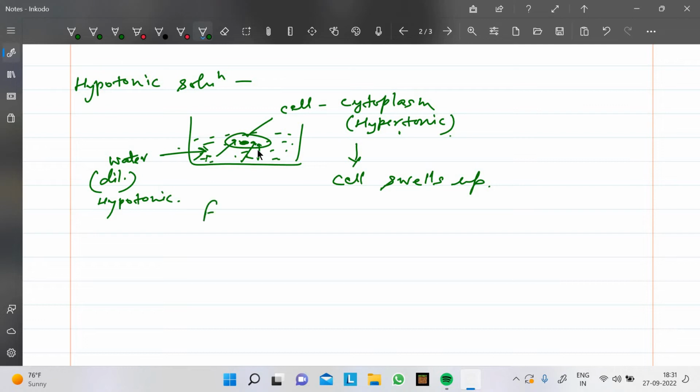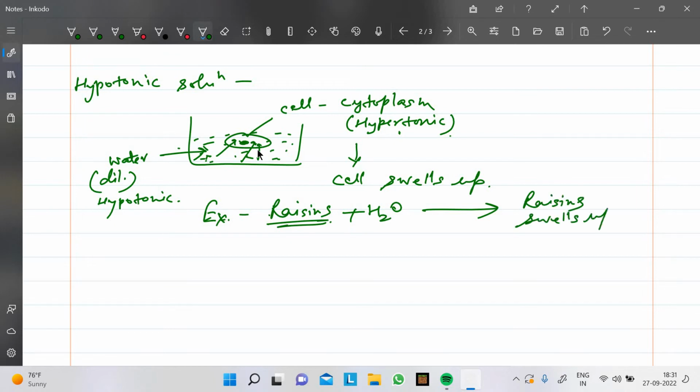For example, raisins. If you put raisins in water, what will happen after some time? The raisin swells up. Clear?